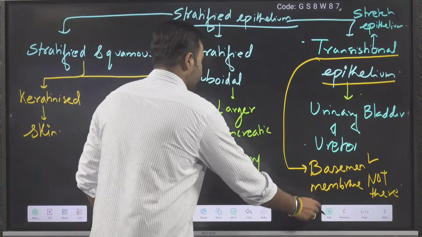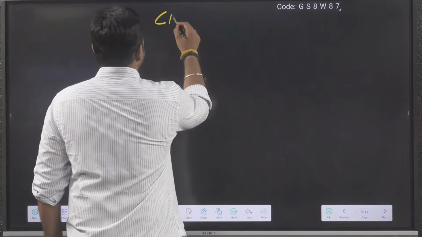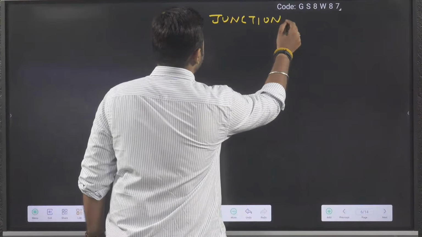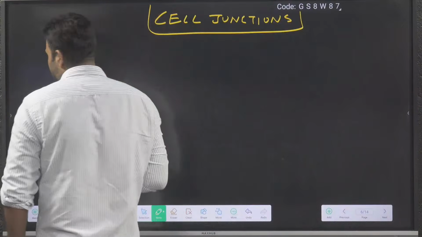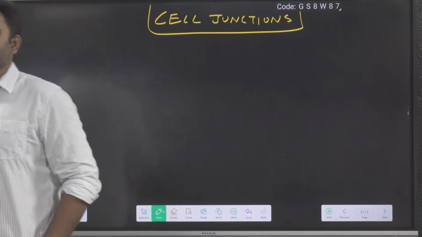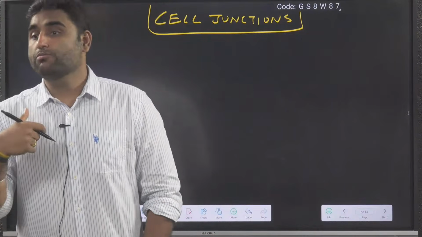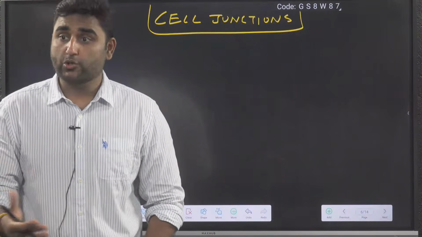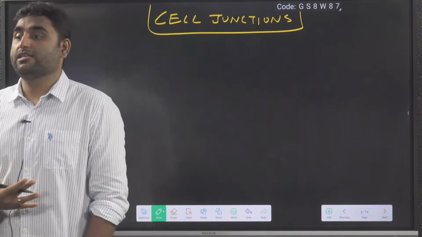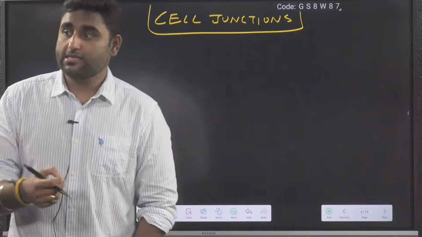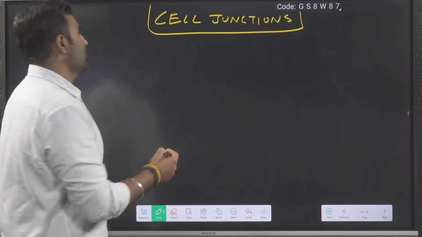So tell me, cell junctions are present in which tissues? Cell junction is present in epithelial tissue, connective tissue, muscular tissue, nervous tissue. Where is cell junction present? Yes, Rinmai, correct answer.